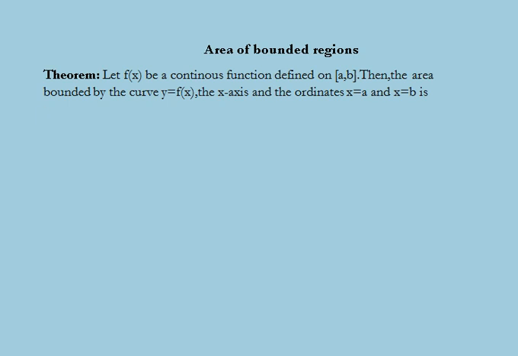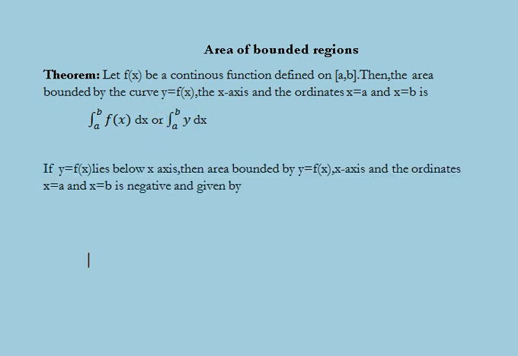Then the area bounded by the curve y equal to f(x), the x-axis and the ordinates x equal to a and x equal to b is given by the integral of f(x) with respect to x with limits a to b, or we can replace f(x) by y and we have the integral of y with respect to x from a to b.